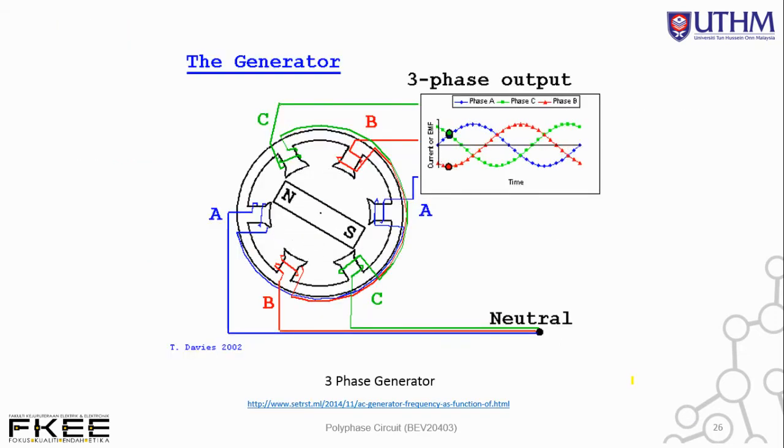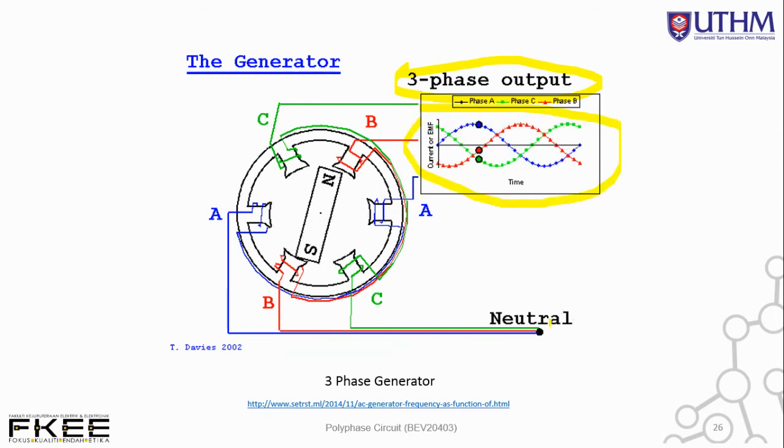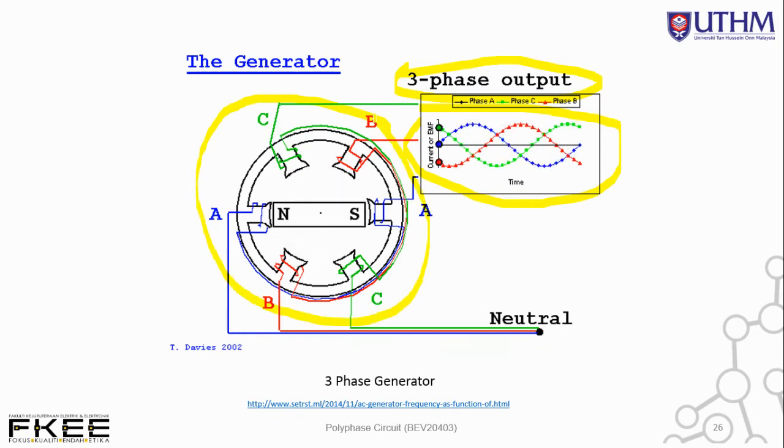So the generator's three-phase output over here. Okay, this is the output terminal, and this is where we can see the waveform. All right, so this is the physical construction of the machine, for example. The reference comes from T. Davis 2002.